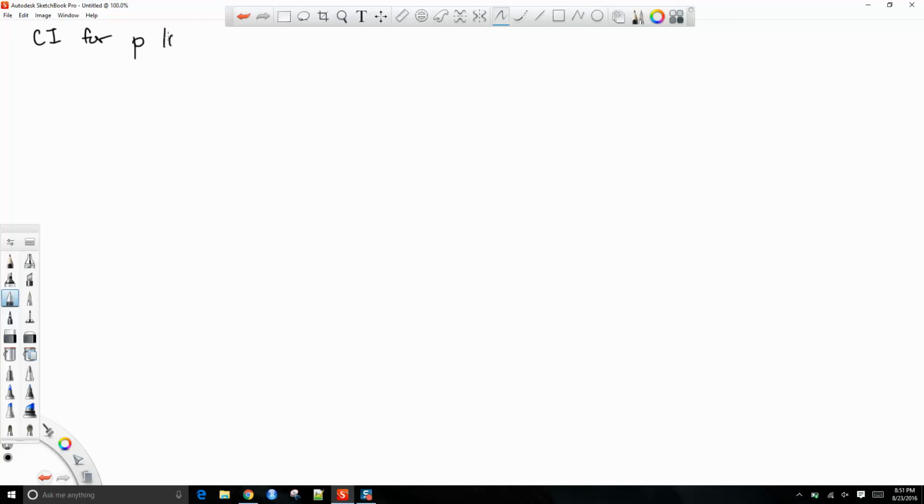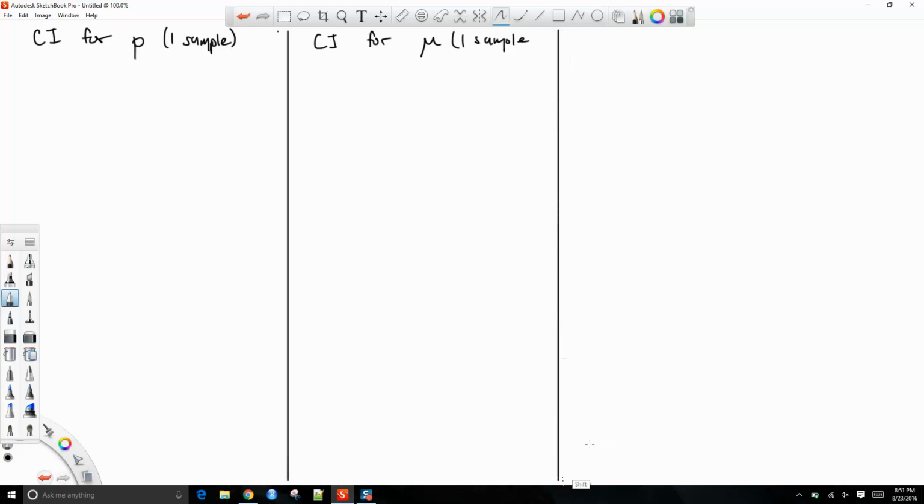We never covered confidence intervals for P with two samples. So we've got confidence interval for P, one sample; confidence interval for mu, one sample; and confidence interval for mu1 minus mu2, two samples.